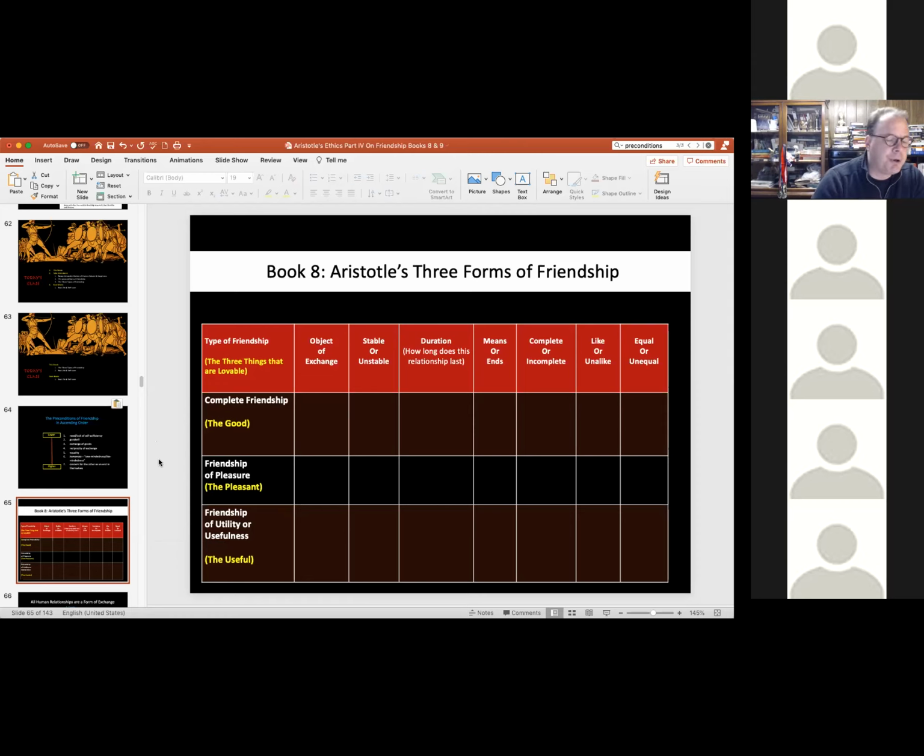At the beginning of book 8, maybe it's chapter 2, he says there are three things that are lovable. He talks about the good, the pleasant, and the useful. And when he says three things that are lovable, it's kind of like three categories of goods that are beneficial to us and that we like, something like that. So in friendship based on utility, what's exchanged is useful things.